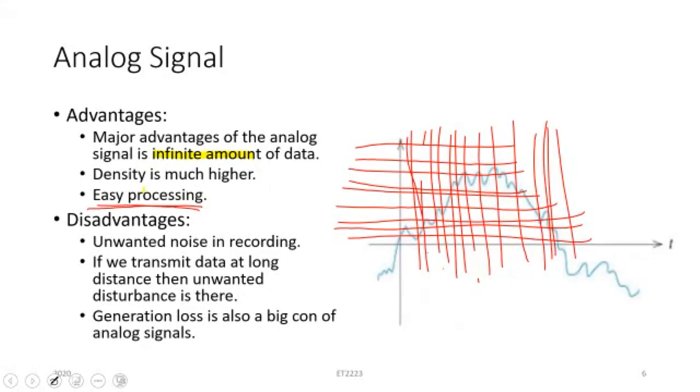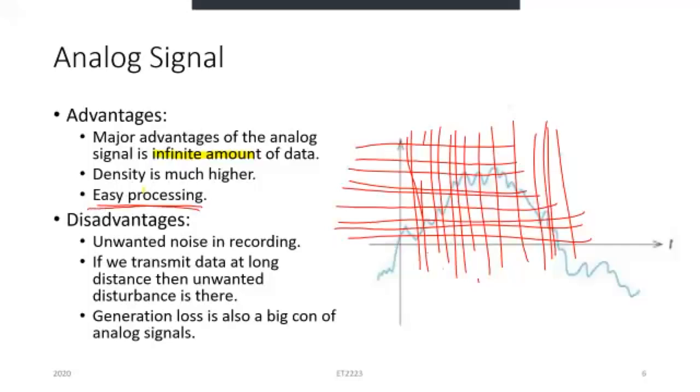But some of the main disadvantages with analog systems are that they are prone to noise. Say we think about an analog signal being carried over a medium, like a wire.